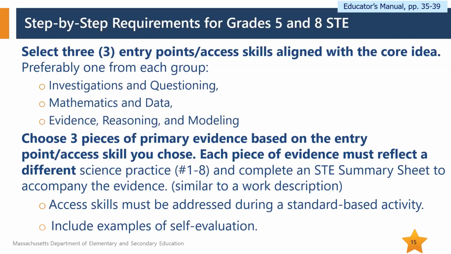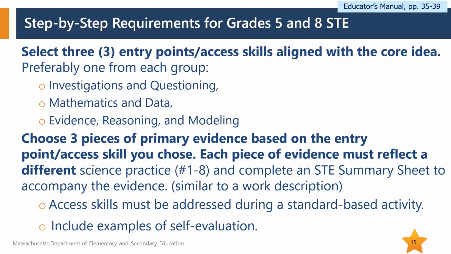But those pieces of primary evidence are going to be based on those entry points or access skills that you chose. And then each piece of evidence is going to reflect a different science practice. So those numbers I talked about, although they don't have to be in any order, you will have to see 3 different numbers, and that will be for each discipline for grades 5 and 8. This is for 5 and 8 we're talking about.